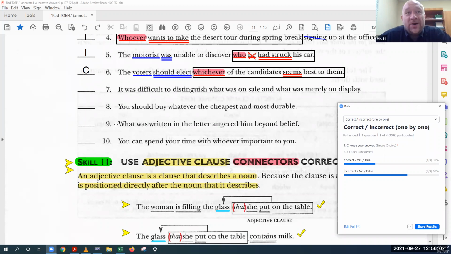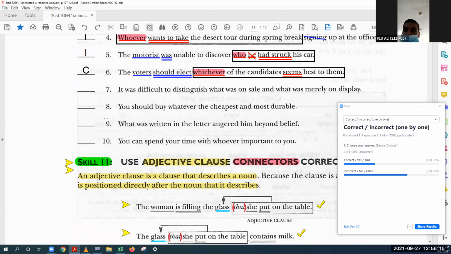Go ahead. Subjects and verbs. Yes. Was difficult. The first subject? It. All right, good. And then was difficult.